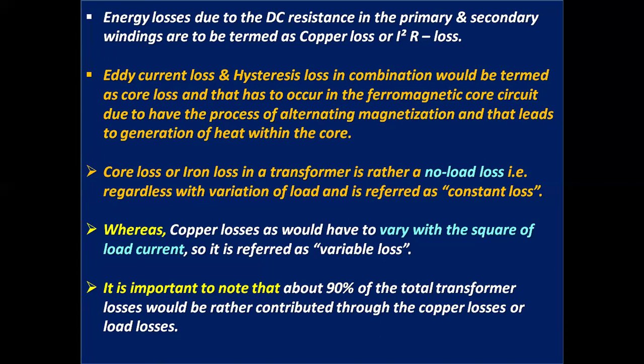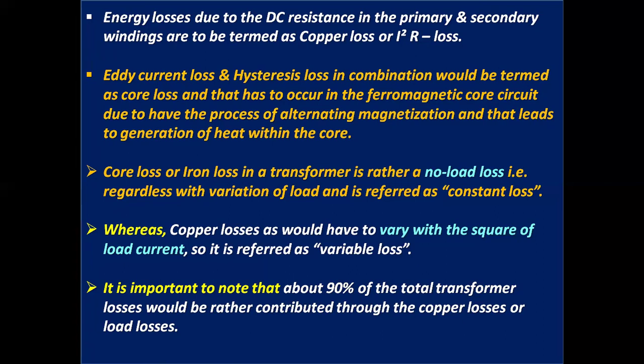Core loss or iron loss in a transformer is a no load loss, regardless of variation of load, and is referred to as constant loss.